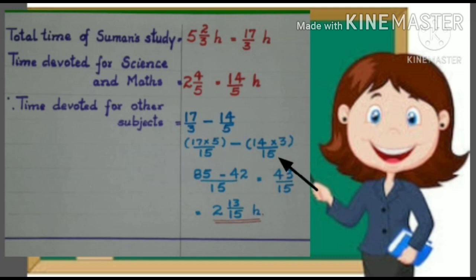Minus 5 times 3 is 15. So 14 times 3 we get 42. So 85 minus 42 we get 43 upon 15. 43 upon 15 is an improper fraction. We must change it into mixed fraction. That is 2 13 upon 15 hours. That is the time devoted for other subjects.